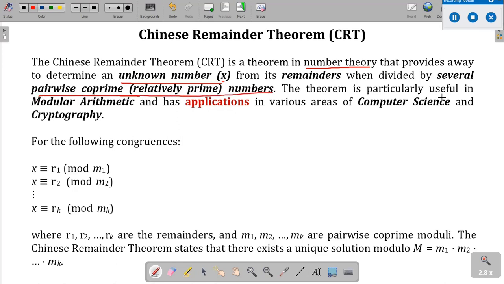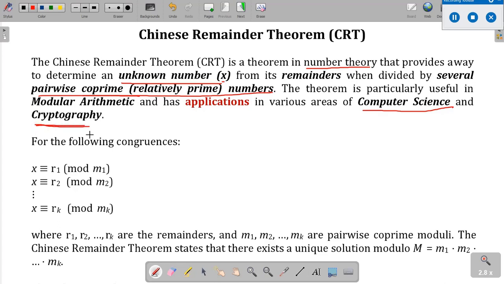The theorem is particularly useful in modular arithmetic and has applications in various areas of computer science and cryptography. So this is the short definition of the Chinese remainder theorem.